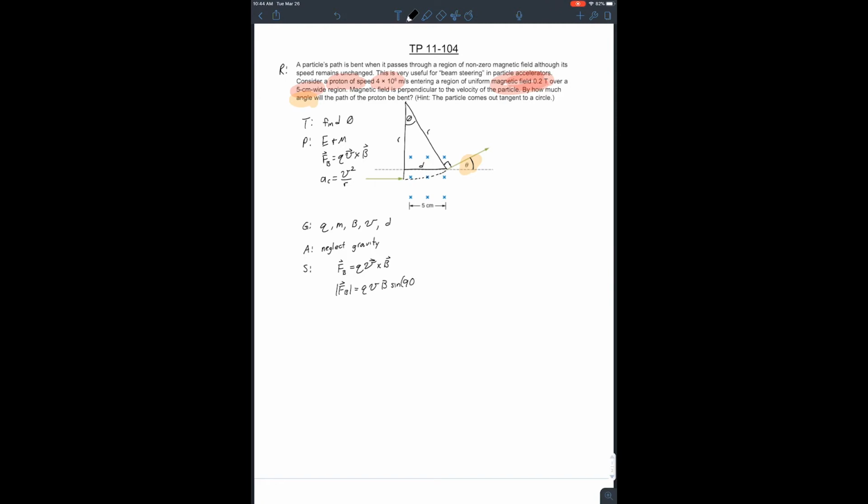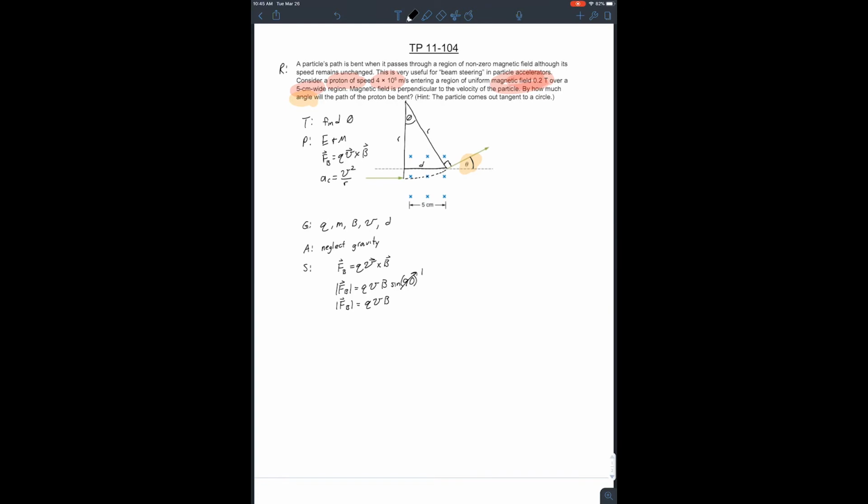I know it is sine of 90 degrees because the velocity of my particle is perpendicular to the direction of the magnetic field. So sine of 90 degrees is going to go to 1. That means that the magnitude of my force is equal to the charge times the speed times the magnetic field. And as I said earlier, we're going to be talking about this particle as it undergoes uniform circular motion.